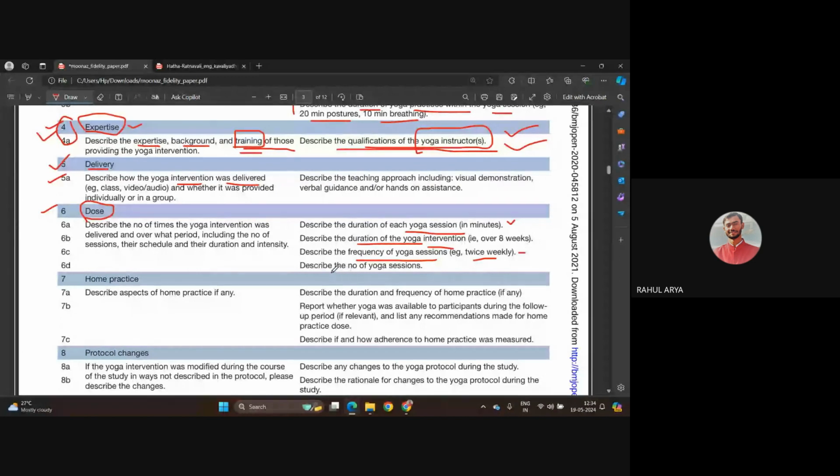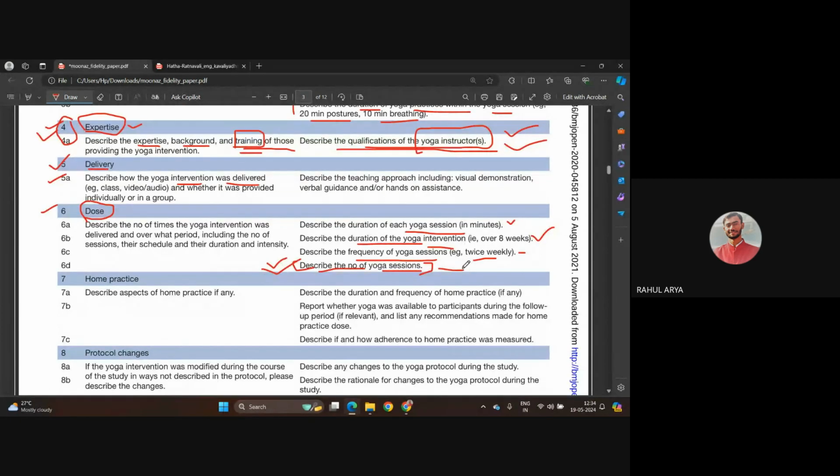Next is to describe the number of sessions. Yes, it's also very, very important. I would like to ask you why. Can you answer? Why the number of sessions? A paper is already mentioning the duration, but why is the number of sessions important?